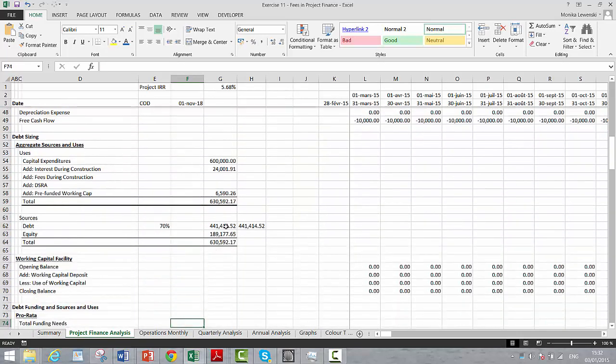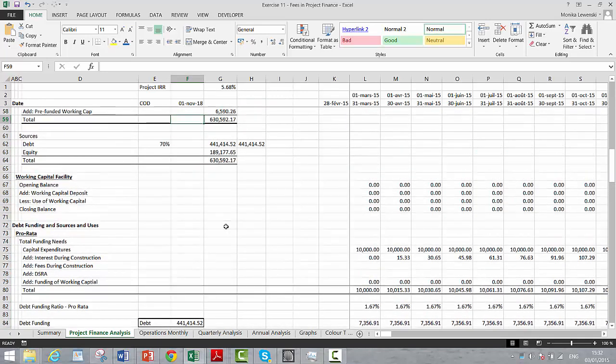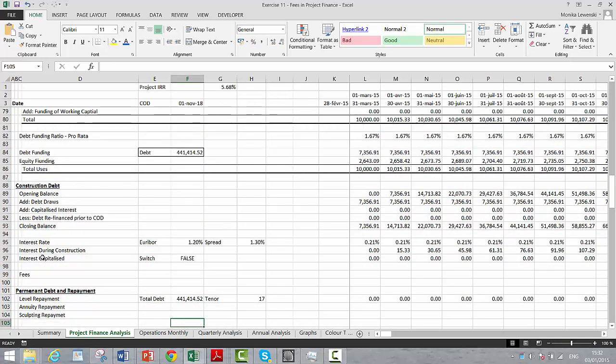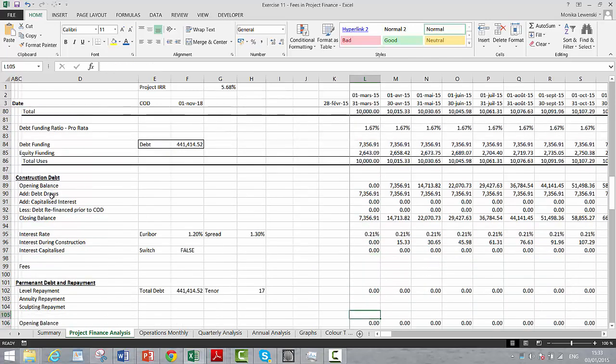Okay, and we're going to add the fees to the construction debt down here. When we add the fees to the construction debt, we're going to also have to include the fees if they are paid during construction. We'll have to add them to this. Now the interest during construction came from L96, which we should have really put the interest paid during construction.